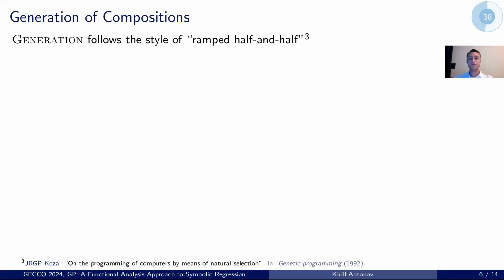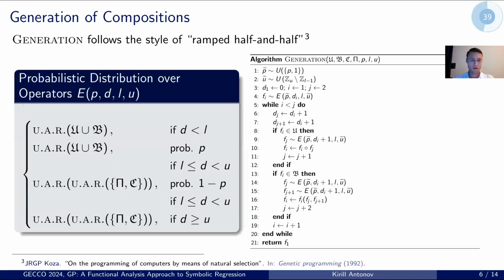Now let us describe the method that we propose. First of all, we describe the generation. The generation is very simple. It uses ramped half and half right away. So it samples one of the operators uniformly using the following distribution. When the corresponding depth of the tree is smaller than the given lower bound, it samples a unary or binary operator to make the tree bigger.